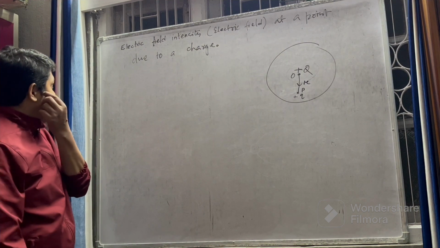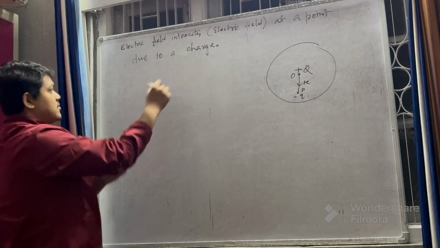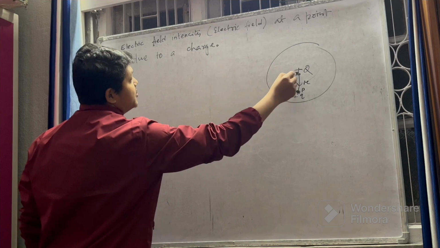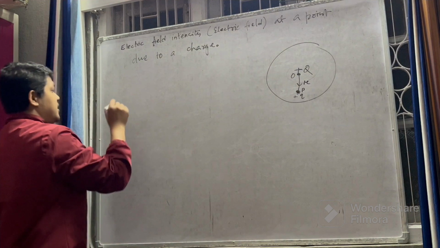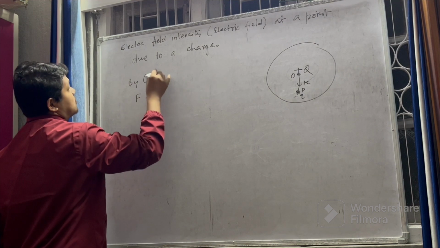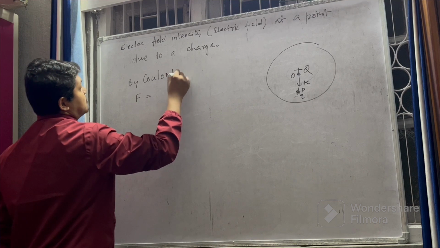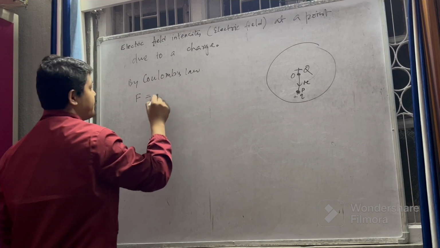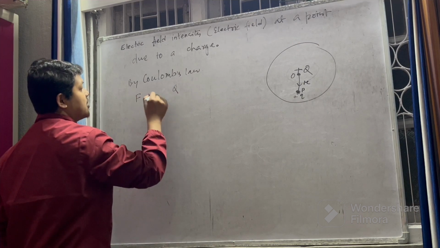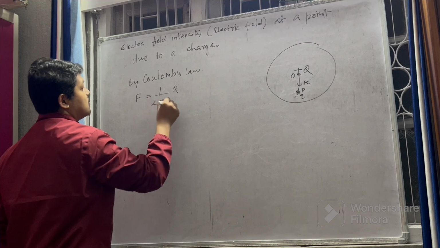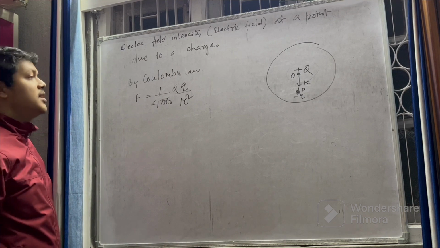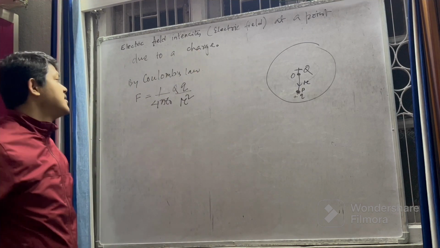Now you see, according to Coulomb's law, the force acting on this small q charge due to capital Q is 1/4 epsilon naught times capital Q small q by r square, instead of K. This is the magnitude of the electrostatic force between these two. Right.